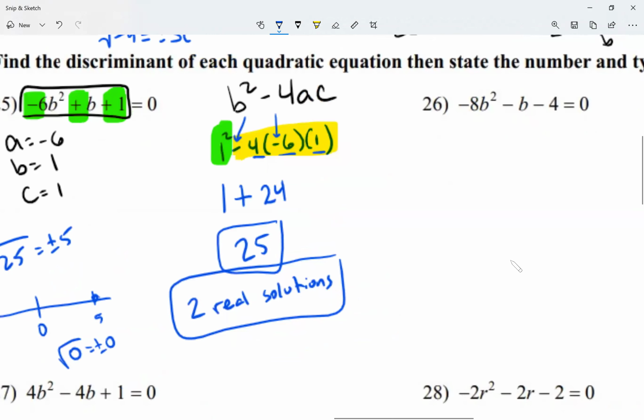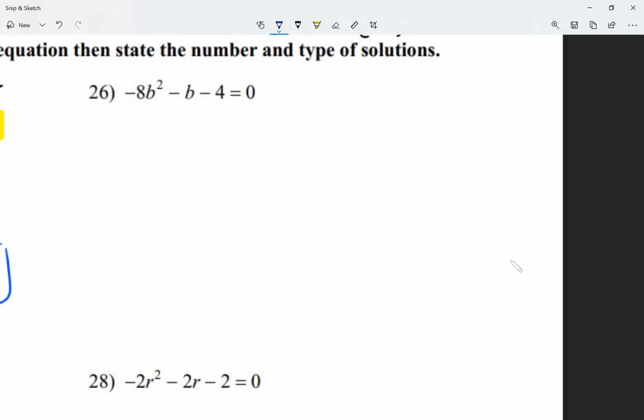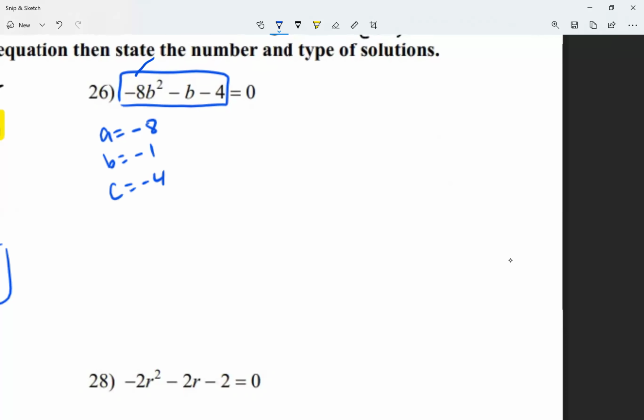All right, let's practice a little bit more here. First of all, I check that I have my polynomial equal to 0. Based on that, my a value is negative 8, my b value is negative 1, and my c value is negative 4. And you guys can see where I got them. There's my a value, my b value, and my c value.